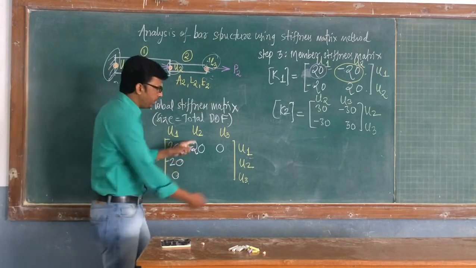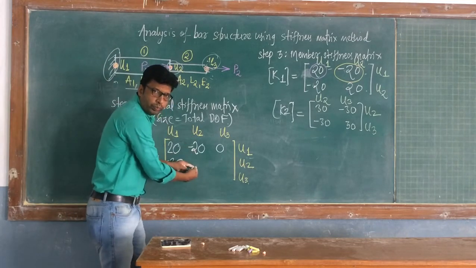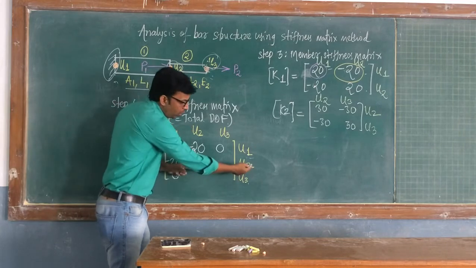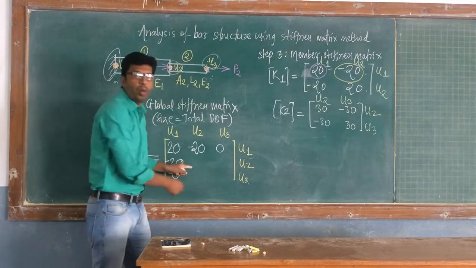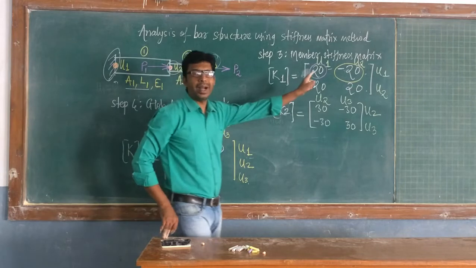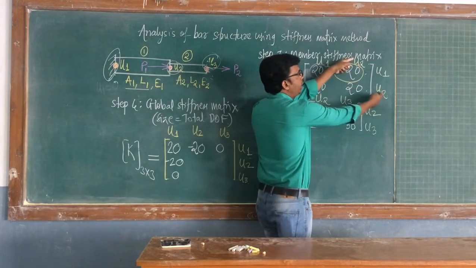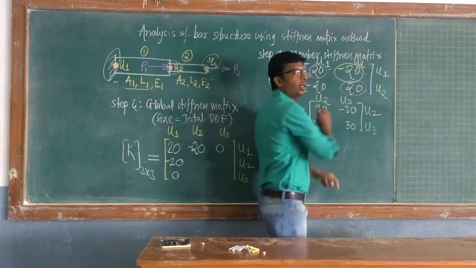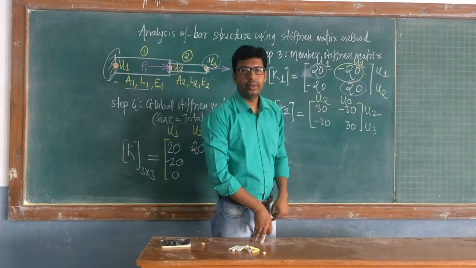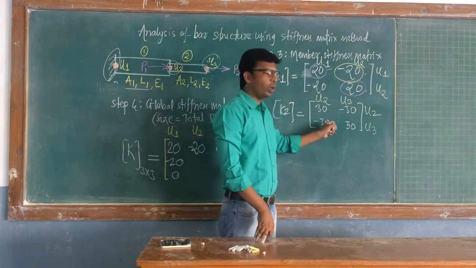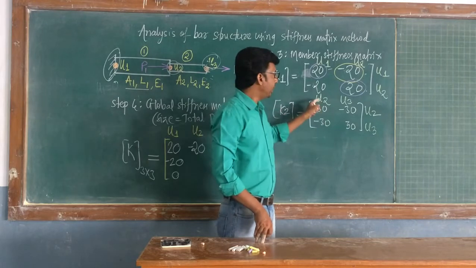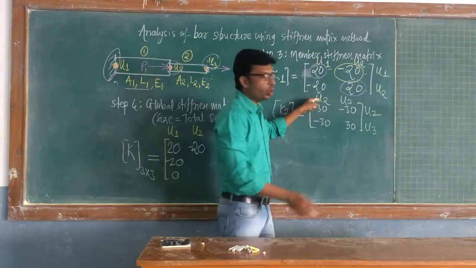Now we have to find this element. What is the position of this element? U2, U2: column U2, row U2. Look at the first matrix for the U2, U2 combination. This is 20 in the first matrix. Look at the second matrix.